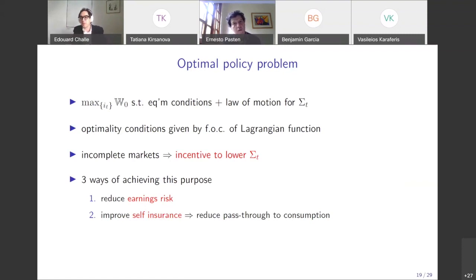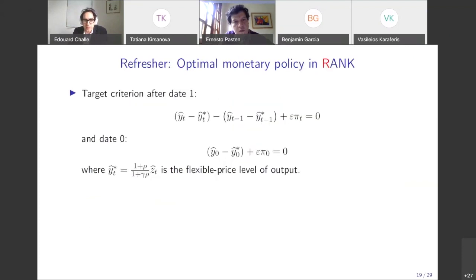For the reasons I explained before, the course of interest rates and the course of wages affect the ability of agents to buffer the shocks that they are facing. All else equal, you would want as low a mu t as possible. And that, again, will twist monetary policy decisions, in addition to the effect of earnings on earnings risk.